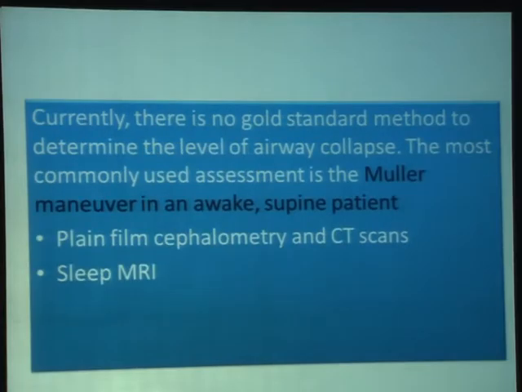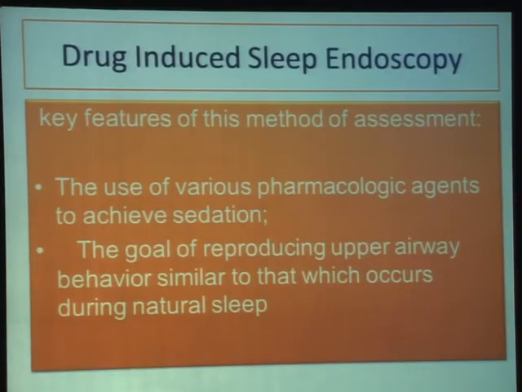Currently, again, there is no gold standard method to determine the level of airway collapse. However, the most commonly done for most of us is the Muller's maneuver in an awake supine patient. There are others: plain cephalograms, cephalometries, CT scans, cine MR. So one such method is drug-induced sleep endoscopy.